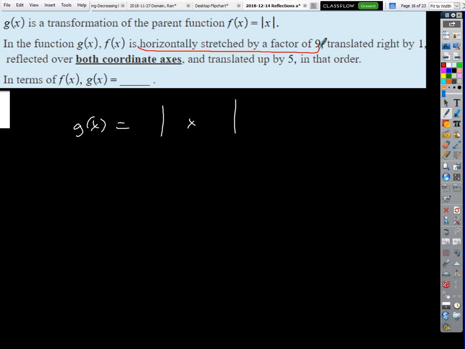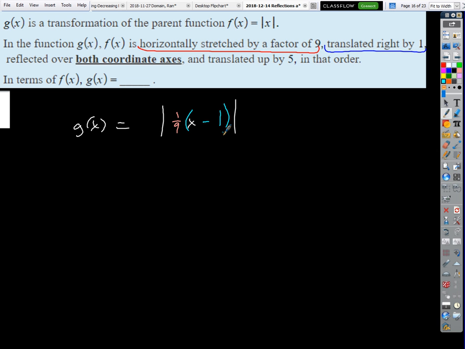So what's that going to be? 1/9, inside. Good. Translate right by 1. So that's inside the x. Negative one. Good, because I'm just doing that only from the x, right? I subtract that from the x to move it horizontally.